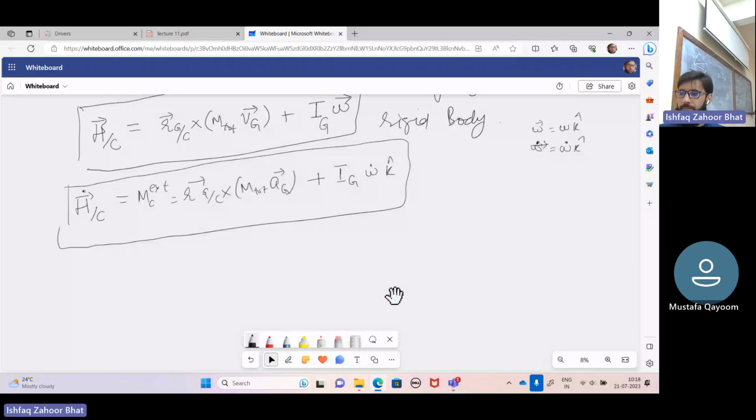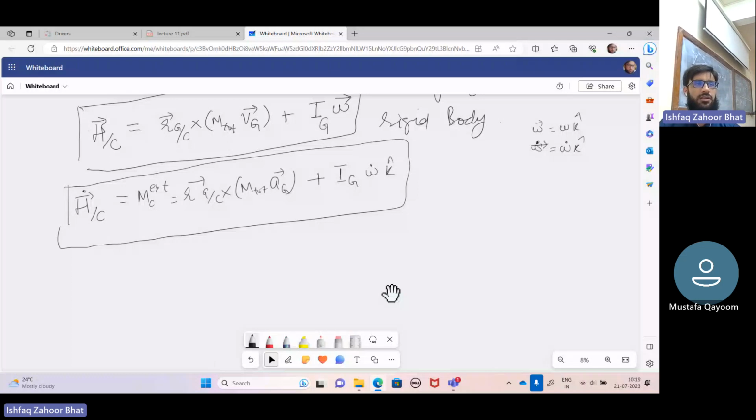Then in the next class, I think I will work out some problems related to the two-dimensional case, because now we have some tools which we have generated, and I don't want to generate some tool and then not use it. We have generated 2D tools, so we will utilize them to solve problems like the double link problem and triple link problem.